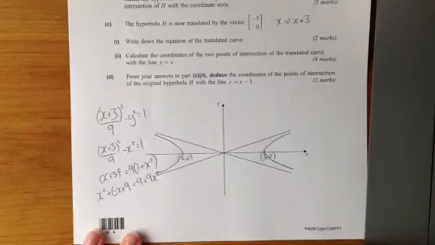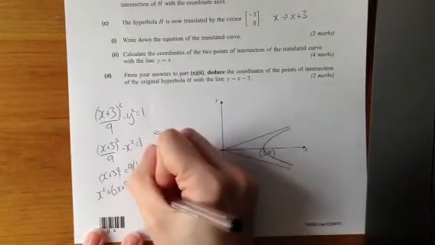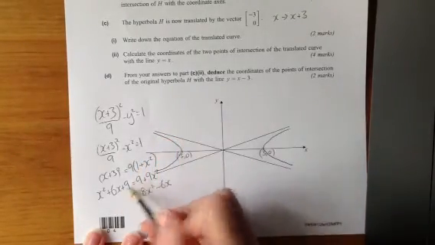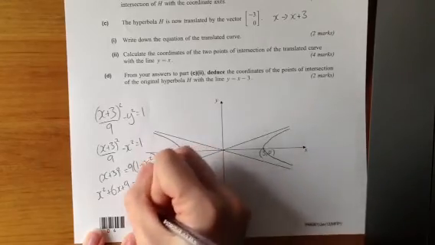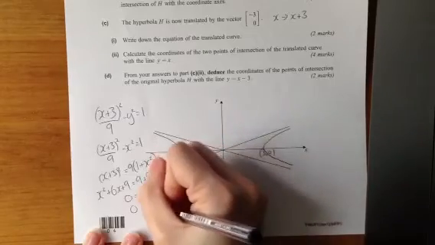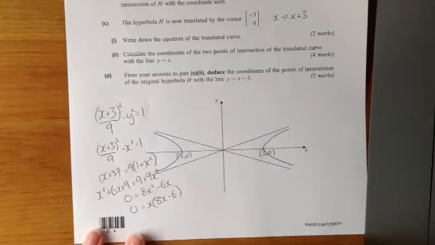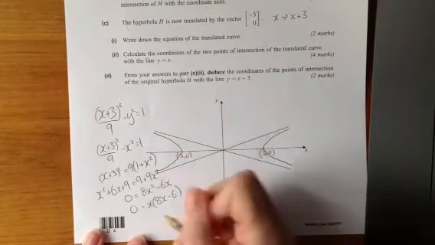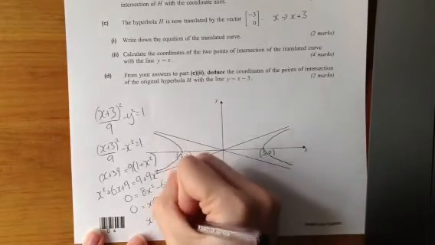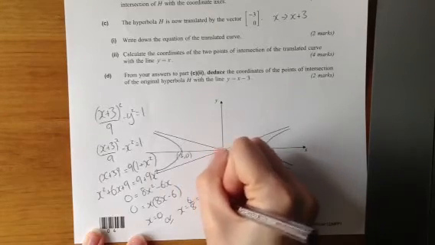Doing a little bit of rearranging, 9x squared take away x squared gives me 8x squared, and then I'm going to have minus 6x, and then 9 take away 9 will disappear. So I know I can factorise that into x and then (8x minus 6). So we're going to go with either x equals 0 or x equals 6 over 8, which is 3/4.